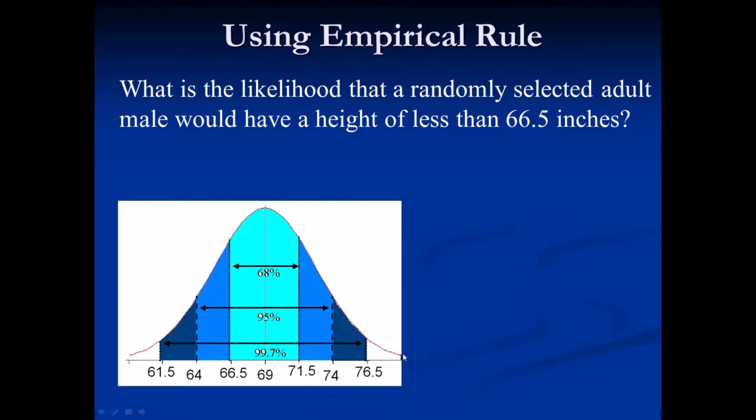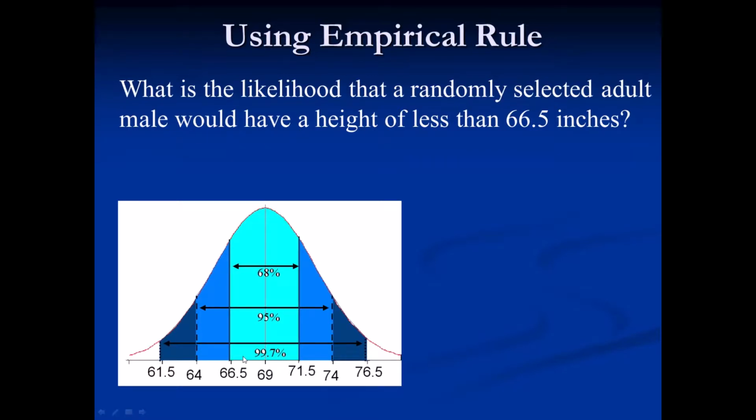If you go all the way from the right to the median here, that's 50%. This light green is 68%, so this piece here would be 0.34, half of 68%. So that would be 0.5 plus 0.34, which is 0.84.